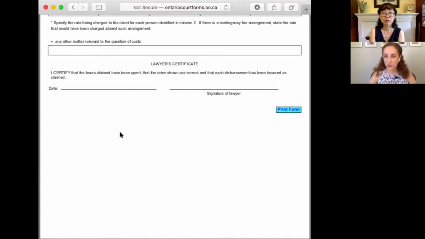That is a really good suggestion, because if you're asking for something, you should always have some form of justification. You don't just pull a number out of the air. Don't say I'm $500 an hour because the other lawyer's $500 an hour. The court's going to want to know where you got that number from.